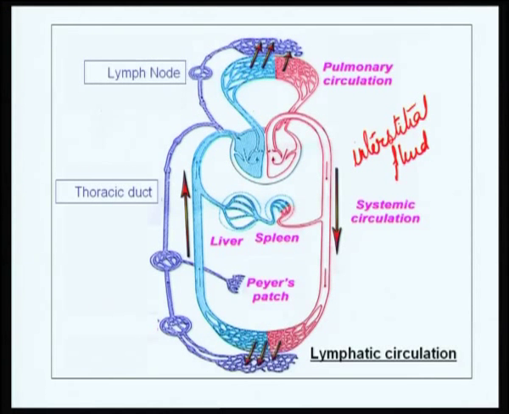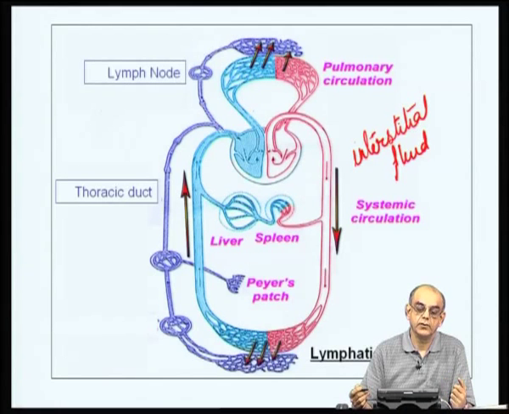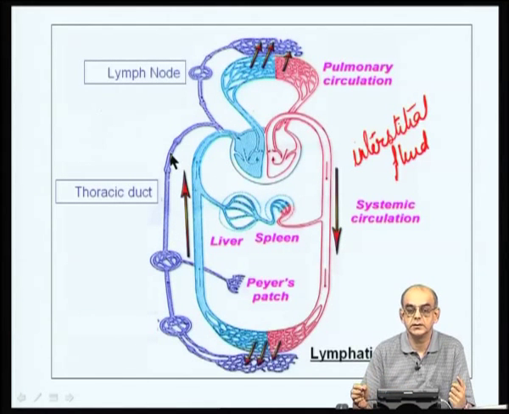One of the important parts of this lymphoid or lymph circulation is that all this circulation is not really actively pumped like what happens with the heart. It is basically the muscles that line these secondary lymphoid organs, as well as some of the muscle underlying the location where the thoracic duct is located.